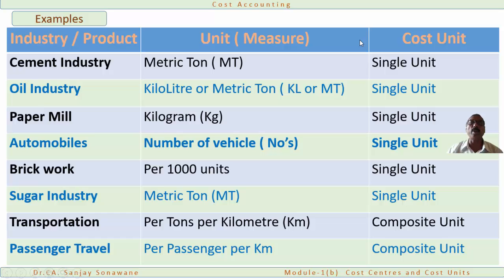Whatever cost we are incurring for running a bus for 1 kilometer, this 1 kilometer cost is for 40 passengers. So what is the cost to be borne by a single passenger? That is calculated as per passenger per kilometer. Here two units are used. One is per passenger, another unit is per kilometer. So more than one unit is used, that is two units, so it is called a composite unit.